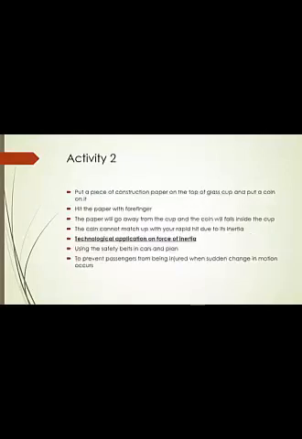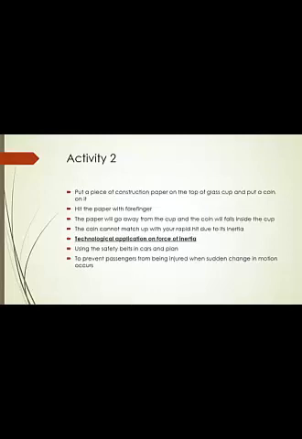Activity number 2: put a piece of construction paper on the top of a glass cup and put a coin above it. When you hit this paper with your forefinger, the paper will go away as an effect of pulling it with your finger, and the coin will fall inside the cup.